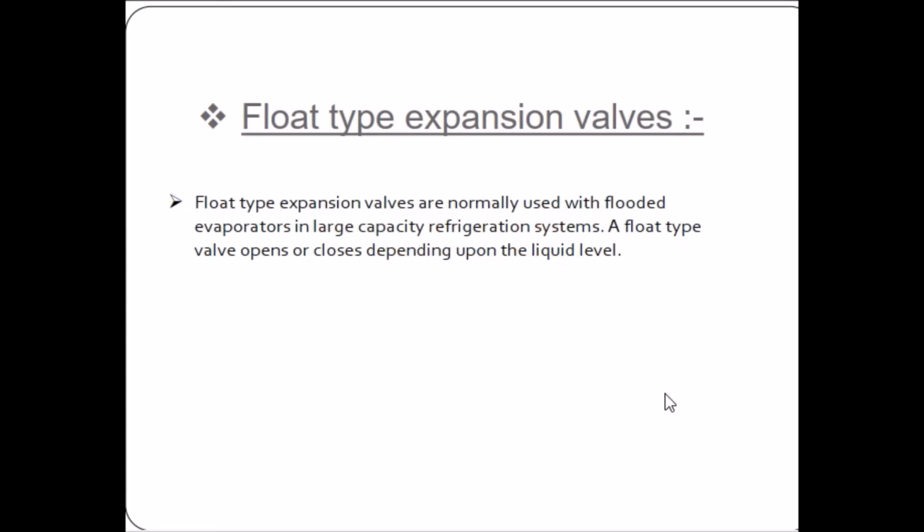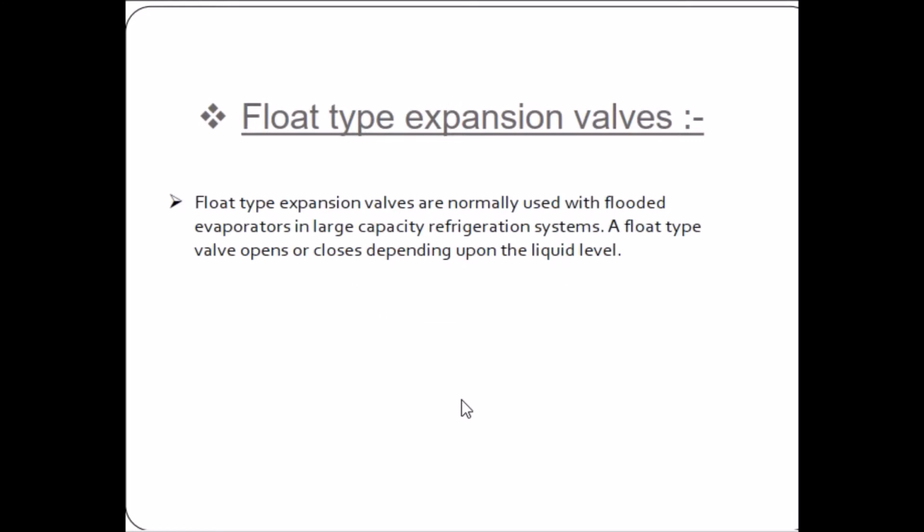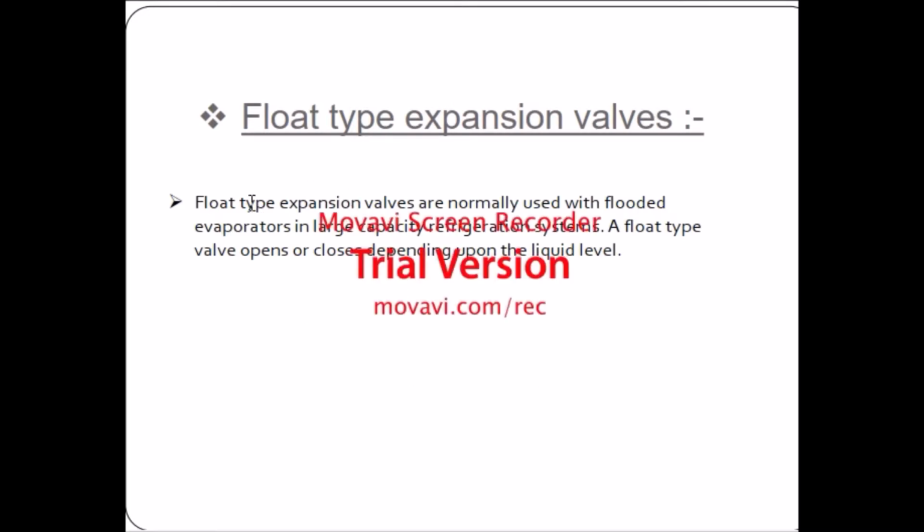Another type is the float type expansion valve. So we use a float, like a balloon, in the system, depending on the force of buoyancy. Actually, this type is like the valve that controls volume in a tank.